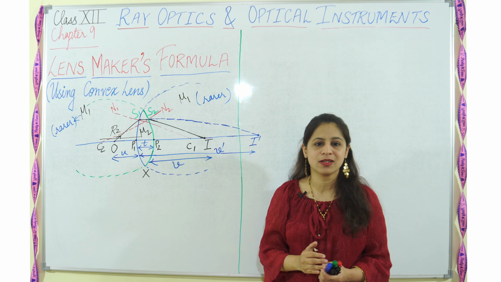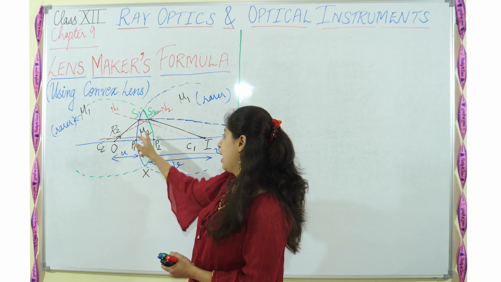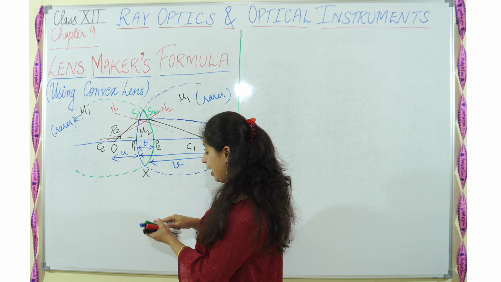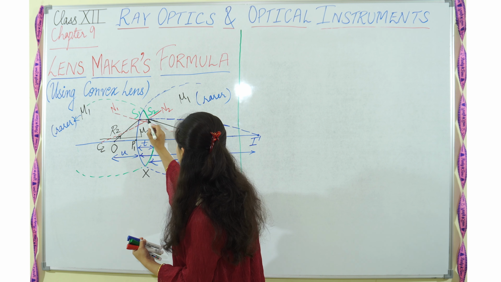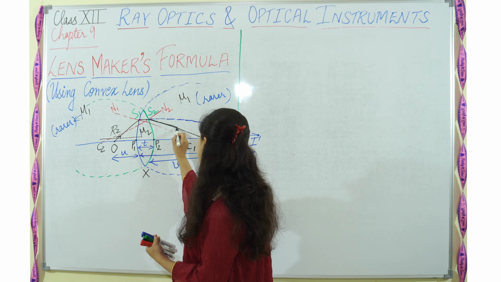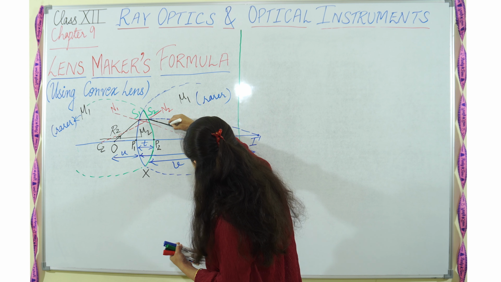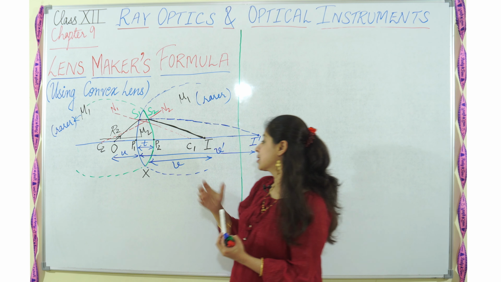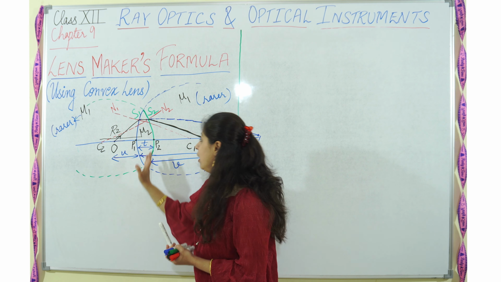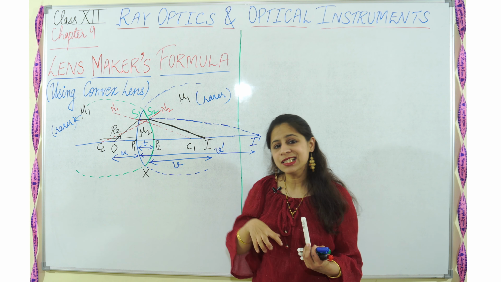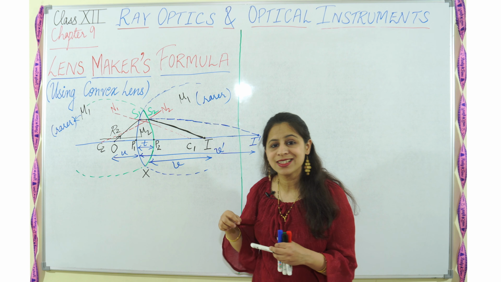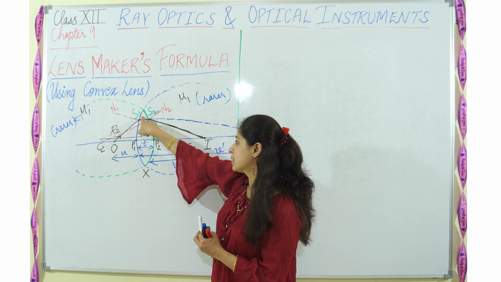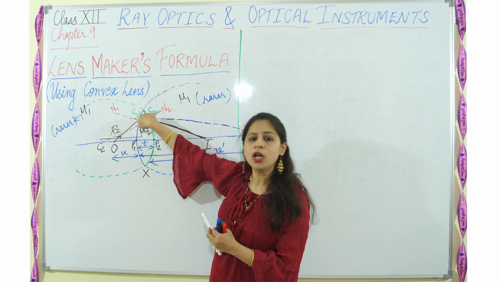It is clearly seen that after getting refracted through the second surface, my ray bends away from the normal, and now my image is being formed at I. The final image is formed at I. It is clearly seen over here that my ray travels from the denser medium to the rarer medium, and when my ray travels from a denser medium to a rarer medium, this is acting as a virtual object.